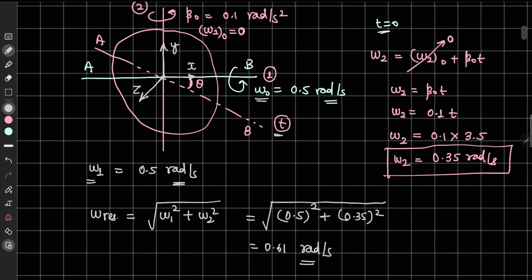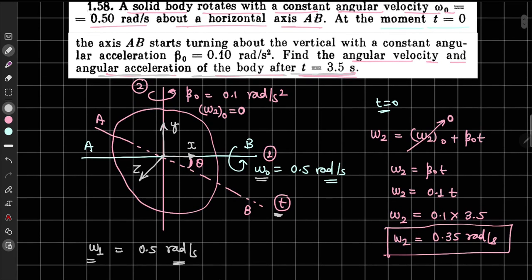Okay, so let us say at the time instant of t, it has rotated by the angle of theta. So now the angular velocity is in this particular direction with the constant angular velocity magnitude, that is equal to 0.5 radian per second. This particular angular velocity will have two components, one in the x direction and another in the z direction.